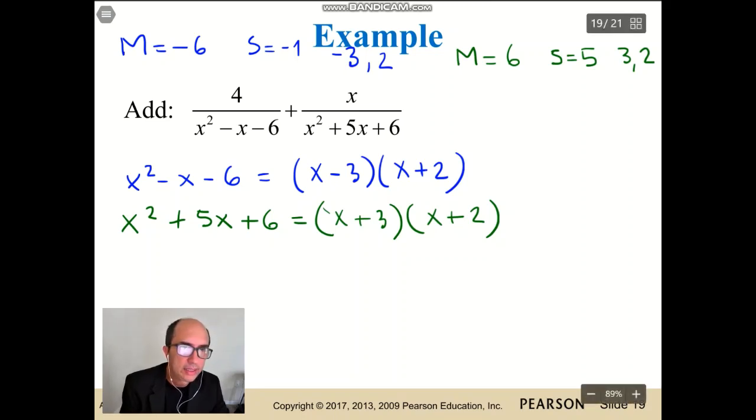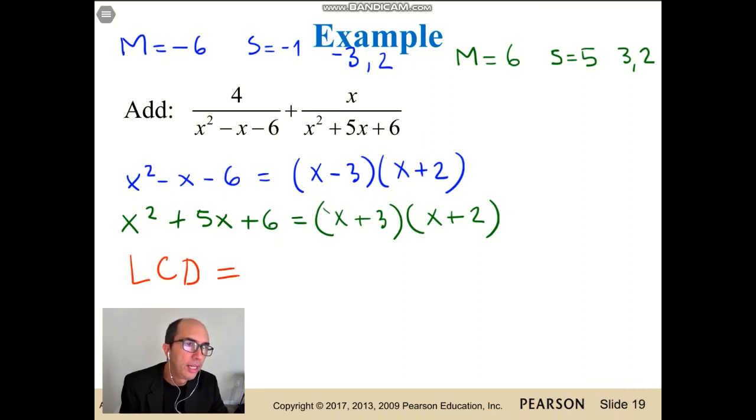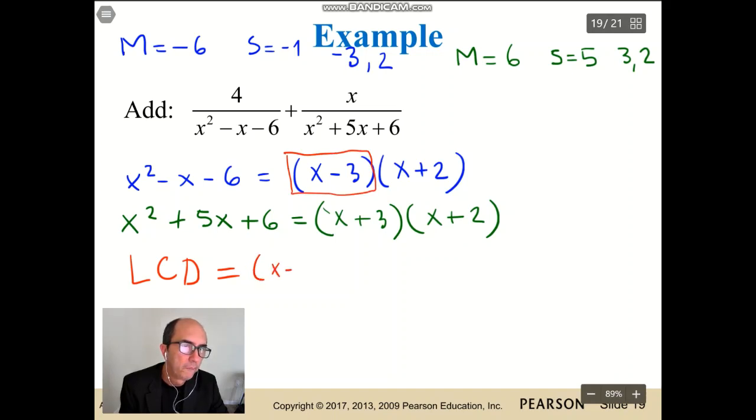Finding the least common denominator. Write down here the unique factors. We have a unique factor here, x minus 3, and we have another unique factor, x plus 2, that appears here and on the bottom with the same exponent, exponent 1, so we just need to write it once.